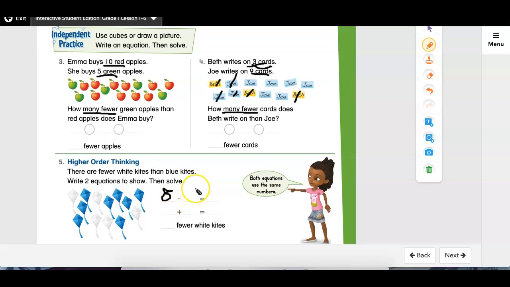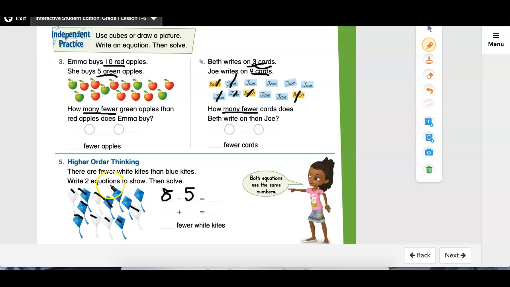minus my total number of white kites, which is how many? 5. And that is equal to, if I have 1, 2, 3, 4, 5 of those kites, let me cross off 5 blue kites now. 1, 2, 3, 4, 5.